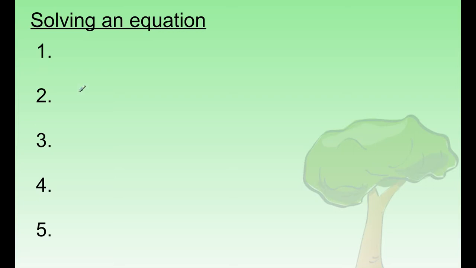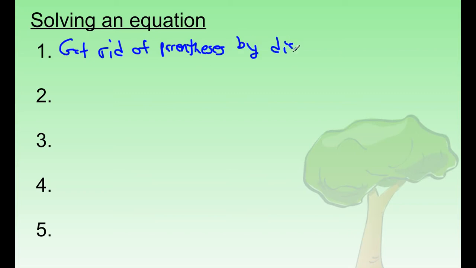So the first step here in solving an equation, step number 1, is we want to get rid of the parentheses by distributing. Okay, so we get rid of these parentheses by distributing. The next step is we try to combine like terms on each side.